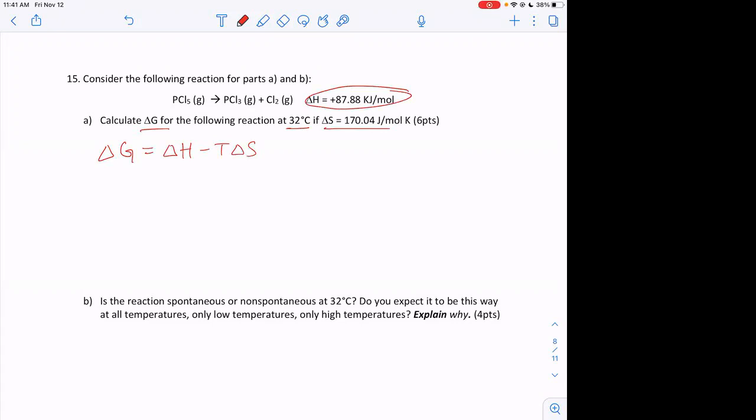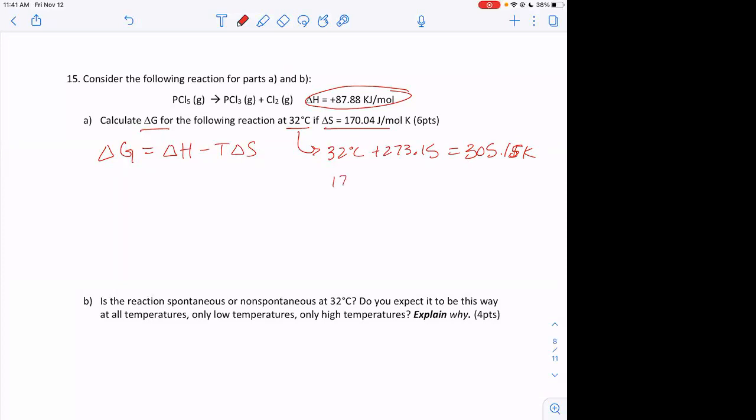All right, so the 2 things you have to do here is convert temperature to Kelvin. So that should have been 305.15 Kelvin. That was your temperature you're going to plug in. And then you convert your delta S to kilojoules.